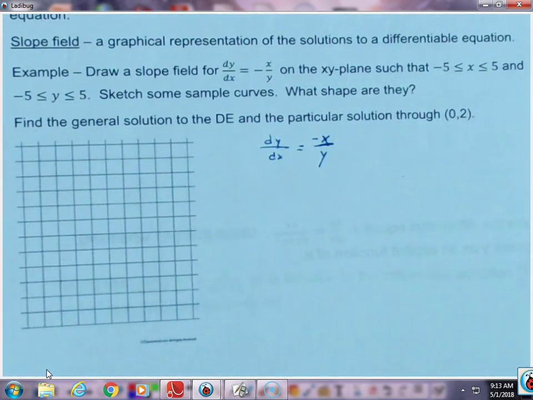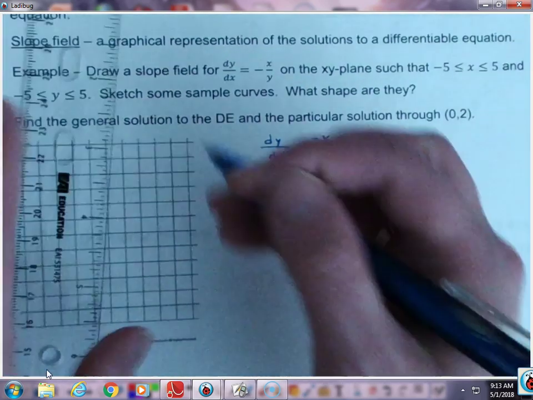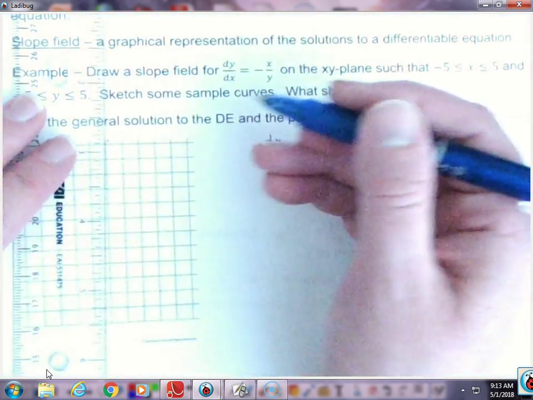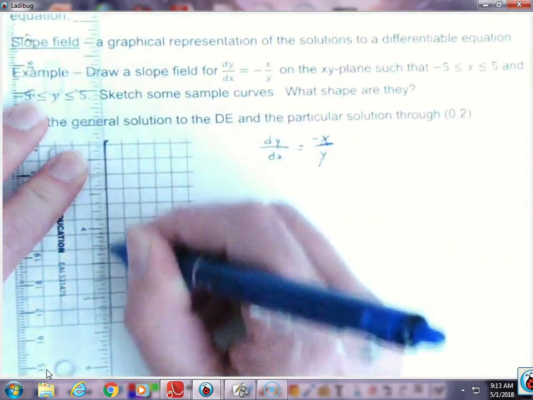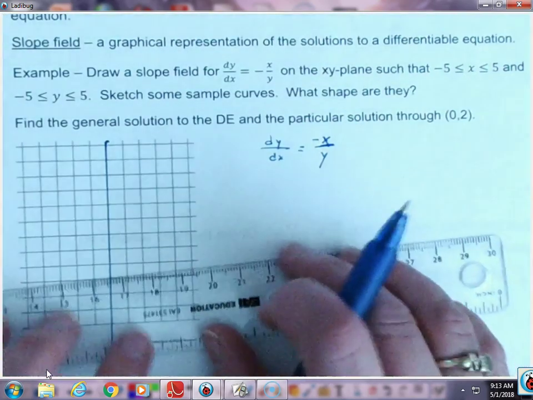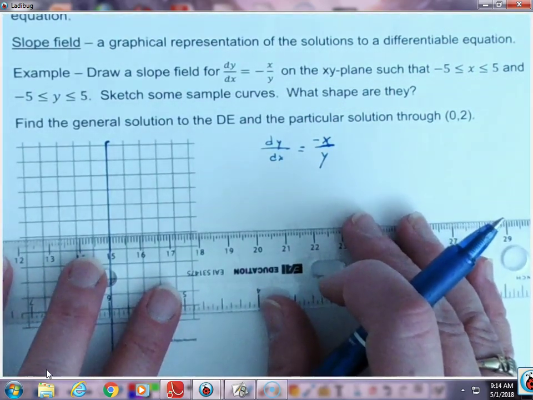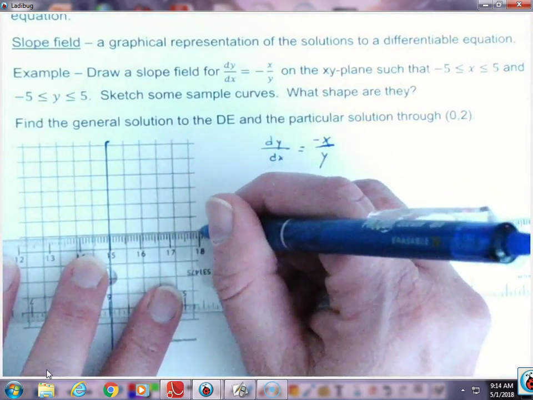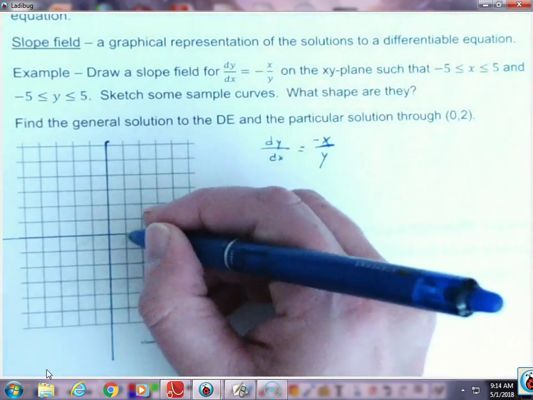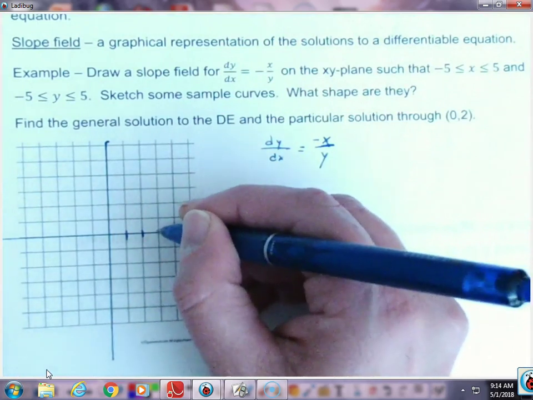So when you see dy/dx equals negative x over y, we're going to go ahead and just mark, if you're doing it on this, through the center. If you're not doing it on printed paper, just go 5 in each direction. Okay, so make a center. And you'll want to do it pretty neatly, or slope fields look pretty gross pretty fast if you don't do them neatly.